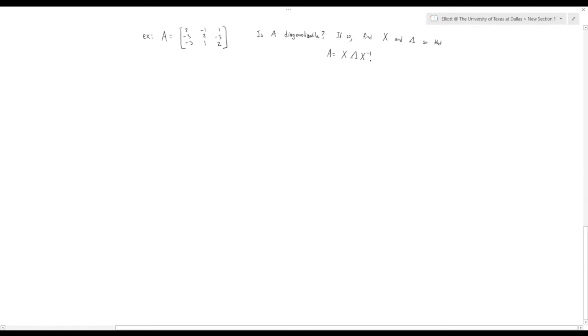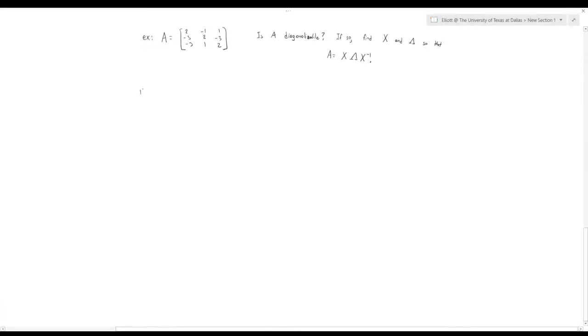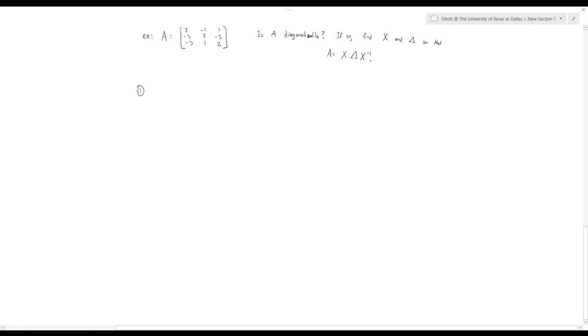Essentially this problem will boil down to finding the eigenvalues and then also the corresponding eigenspaces. So we're just going to work through that first. So working on the eigenvalues right now.